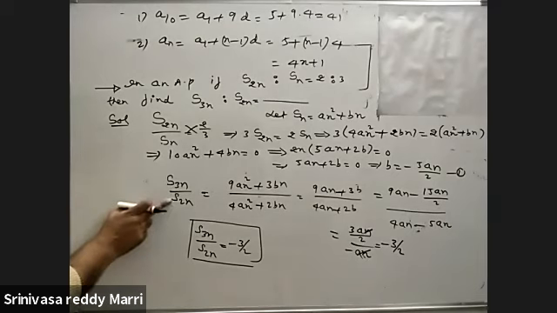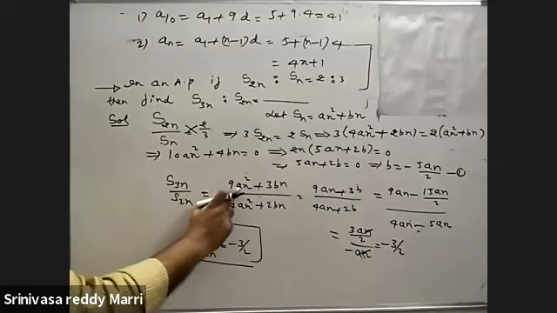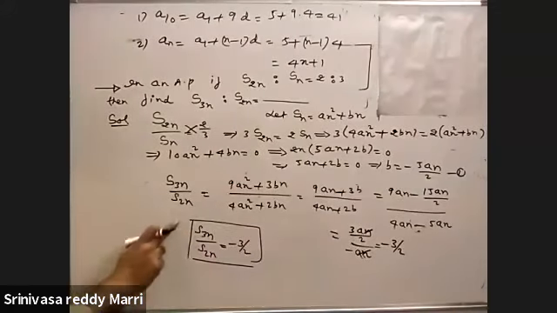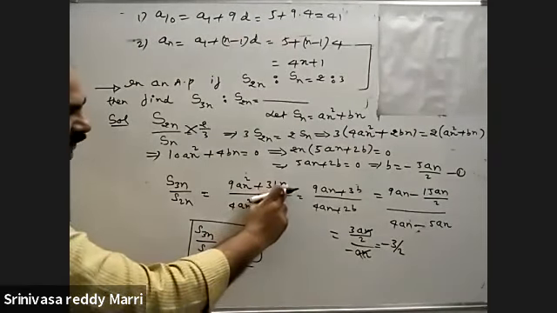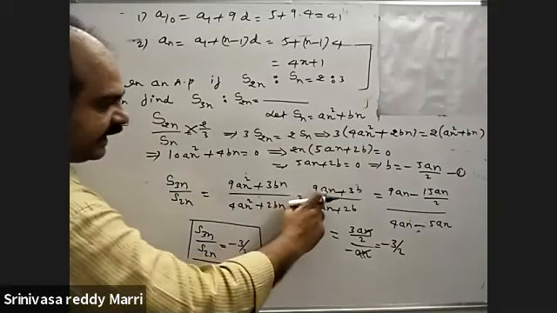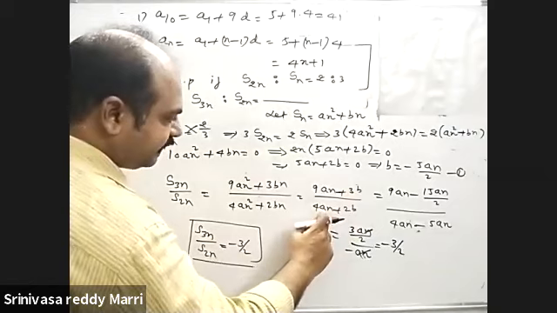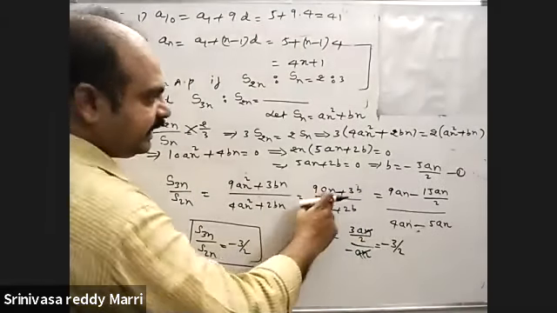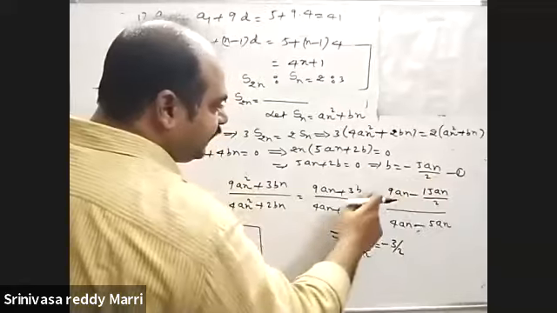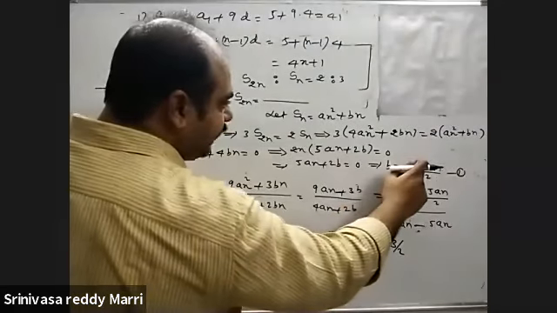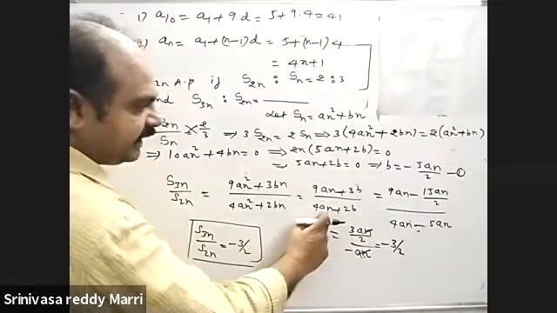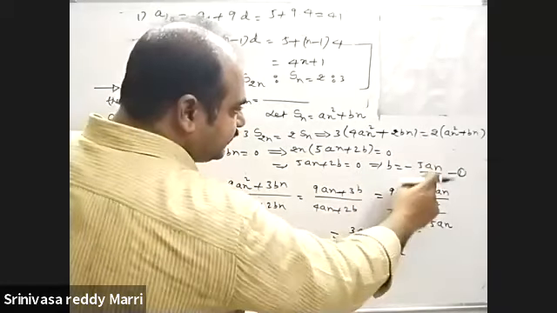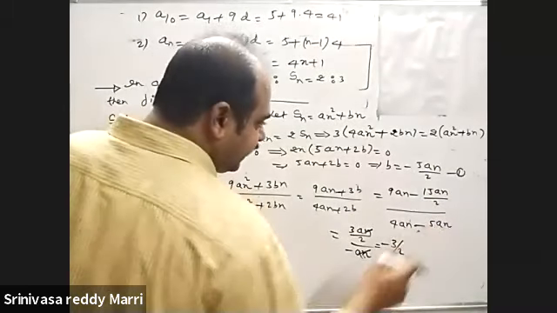So find b in terms of a: minus 5an by 2. Now what you need to calculate is the sum of this divided by sum of this. 3n means substitute 3n: 9an square plus 3bn, divided by 4an square plus 2bn. I have taken n common and cancelled. So 9an plus 3b divided by 4an plus 2b. With b as minus 5an by 2, 3 into minus 5 by 2 is minus 15 by 2 an, and 2 into minus 5an by 2 is minus 5an.